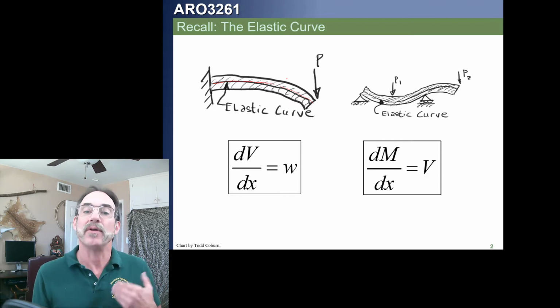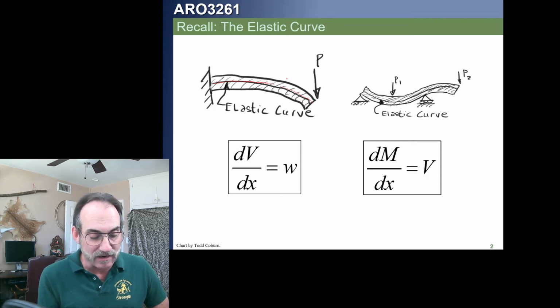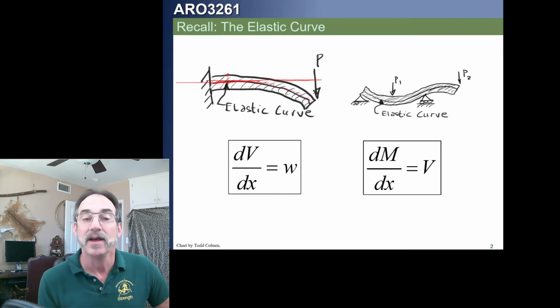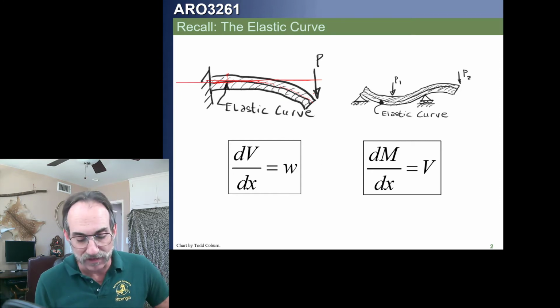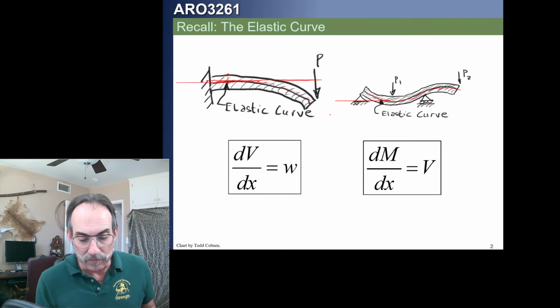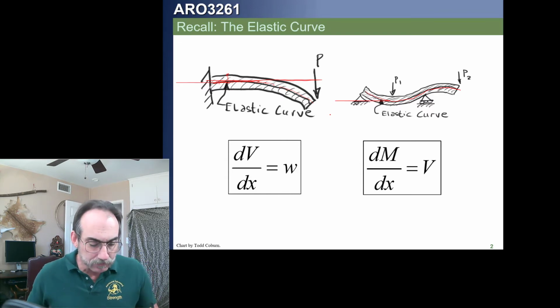Often what we're talking about is the deflection location, that y dimension, plus or minus deflection. If this was the initial position, all along here we can define the position of the curve as just a deflection number. We can see the same thing for this other beam, where the elastic curve runs along the midplane of that element.